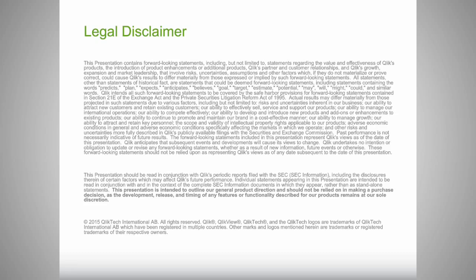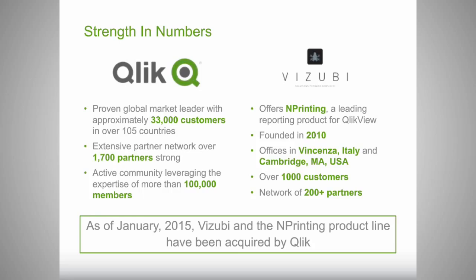As you've seen in our announcement, we've announced the acquisition of Vesubi, the maker of the NPrinting product. So Qlik is a market leader today in the data discovery market with over 33,000 customers and over 1,700 partners around the world.